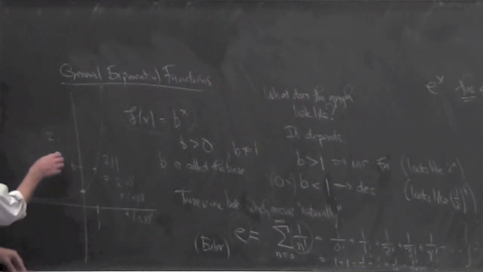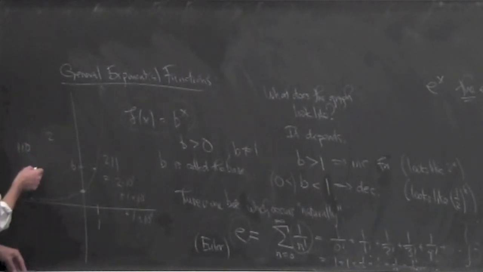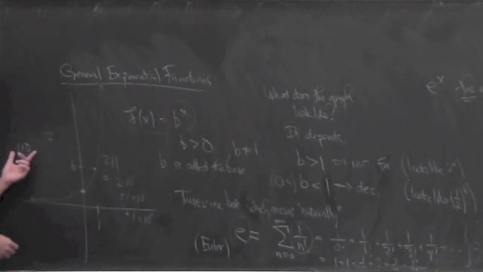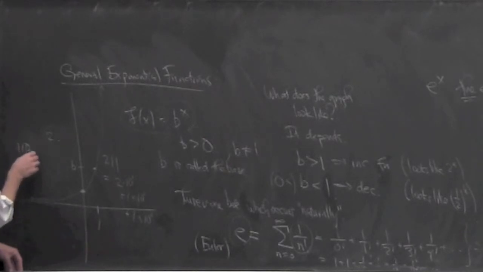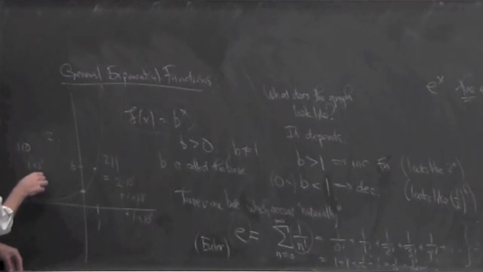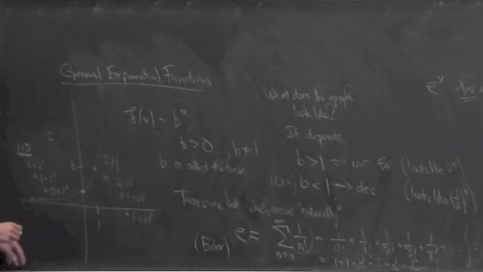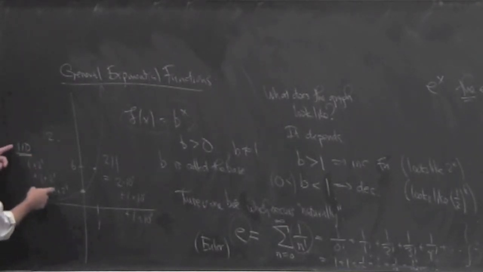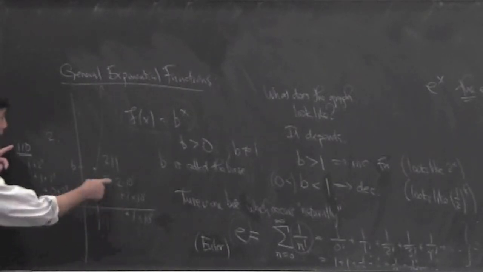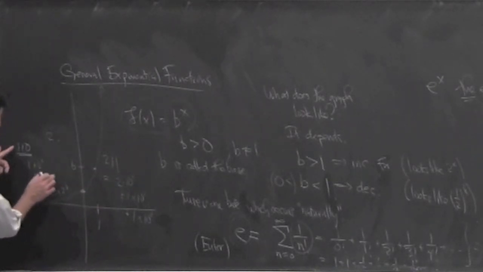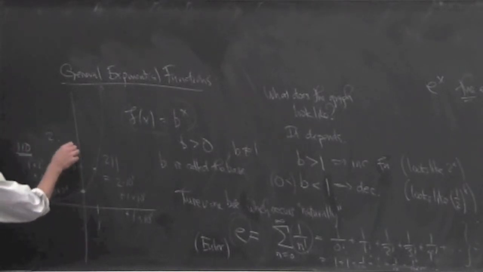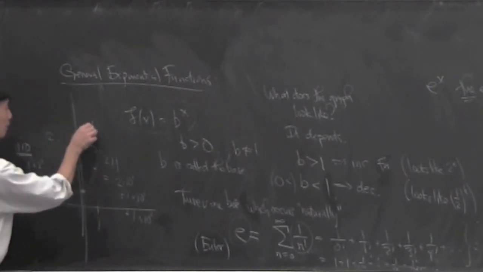If the computer writes you this message, 110, what the computer really means is 1 times 2 squared, plus 1 times 2 to the first, plus 0 times 2 to the 0. This is so-called binary. For a human being, this is 6.